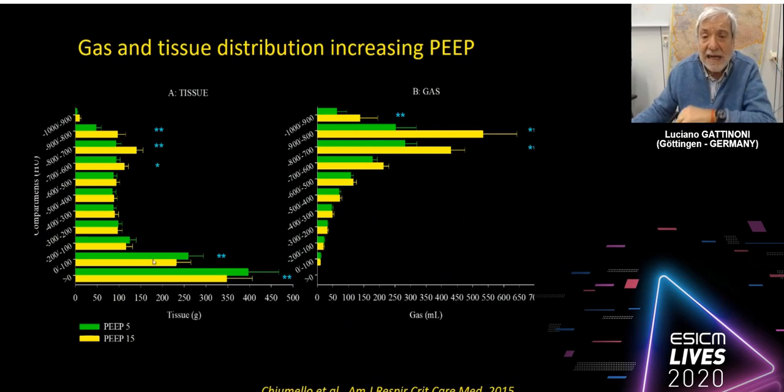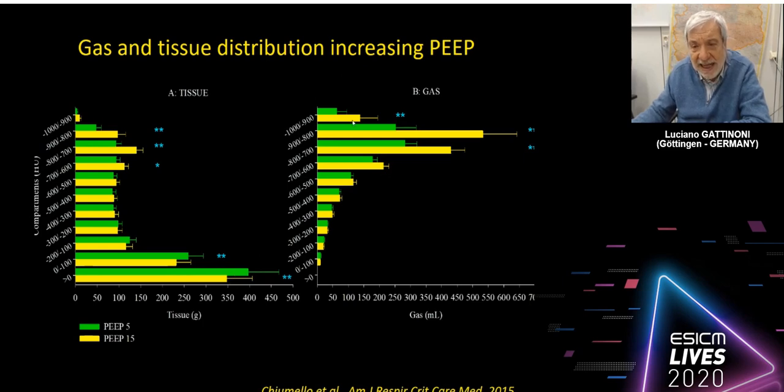And this is quite clear. This is an apparently complicated slide, but these are the compartments of lung tissue. That means here we have the tissue at PEEP of 5 and PEEP of 15, the tissue with a very, very small amount of gas. And this is what we call recruitment. It's very marginal.